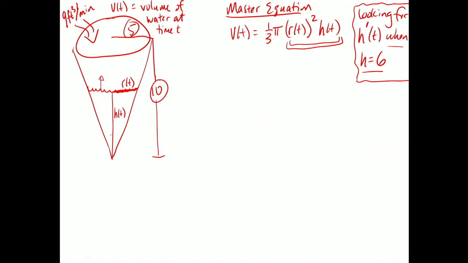It's just a mini version. Hopefully you can kind of see that. Or maybe you played around with something like this before. So in the big cone, notice, in the big cone, the radius is half of the height.